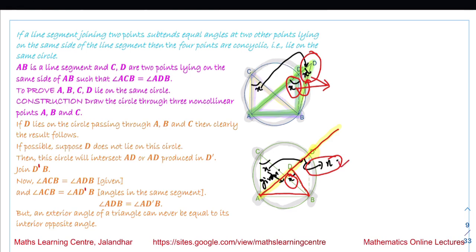This angle x is there. We are talking about the triangle AD dash B. This is the exterior angle and this is the interior opposite angle. Again, these two cannot be equal. So the supposition that D does not lie on this circle is wrong. So it must lie on this circle, that is, D and D dash, these 2 points coincide with each other, so they are the same.